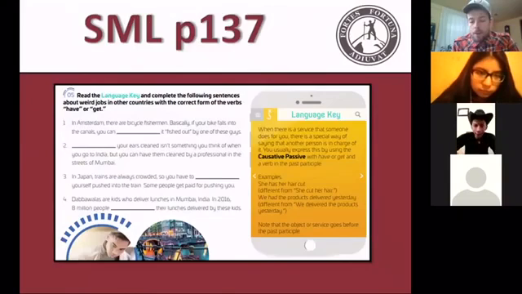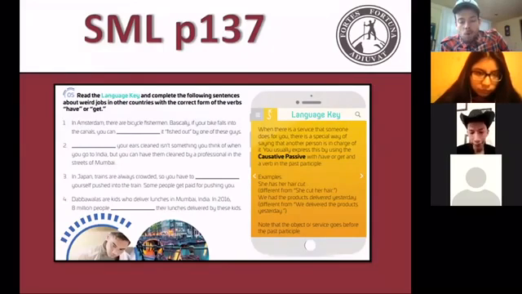We need to use the correct form of the verbs have or get. What you need to do here is tell me which tense we're going to use. So, in number 1, what word can you put in the space? Type it in the chat. So, we have or get.